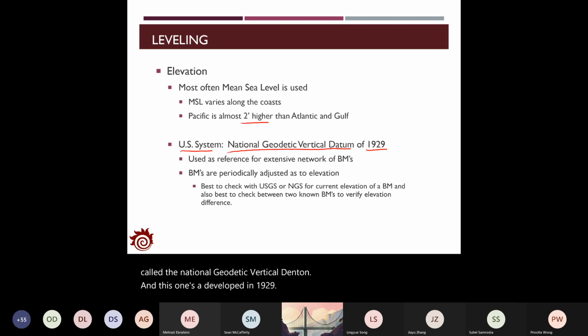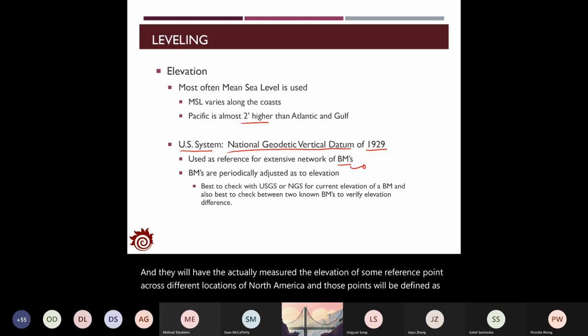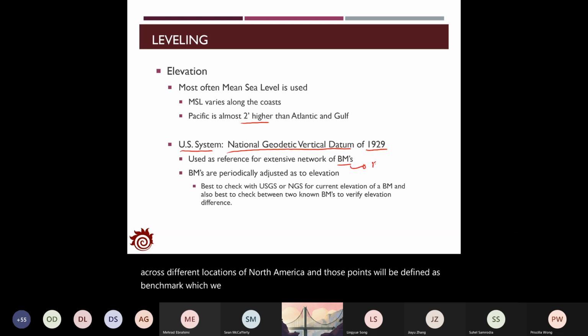They measured the elevation of some reference points across different locations of North America. And those points are defined as benchmarks, which we refer to as BM.